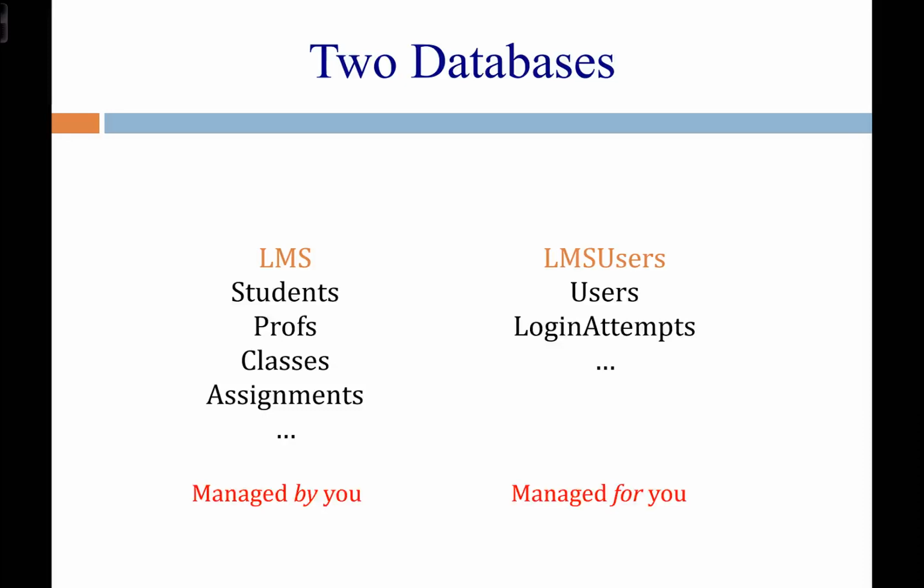One of them is created and managed by you. So the LMS, you made all of those tables manually. You will be writing controllers and LINQ queries that update and query those tables. The LMS users table is managed by the .NET web server system.